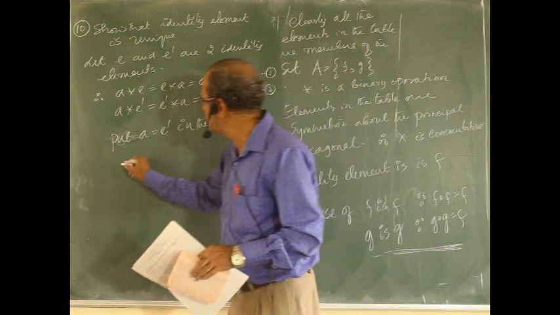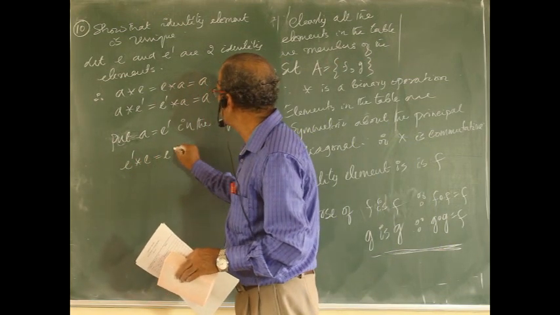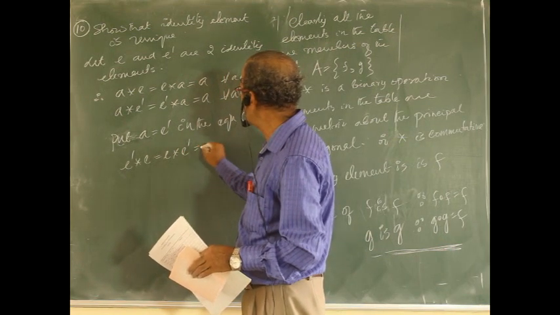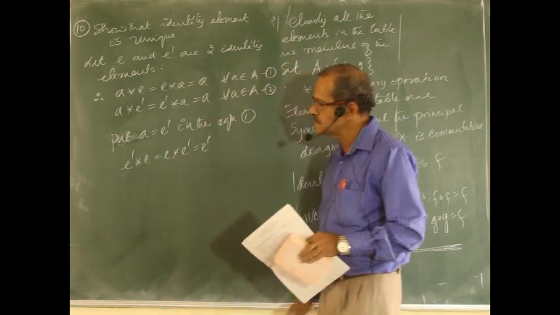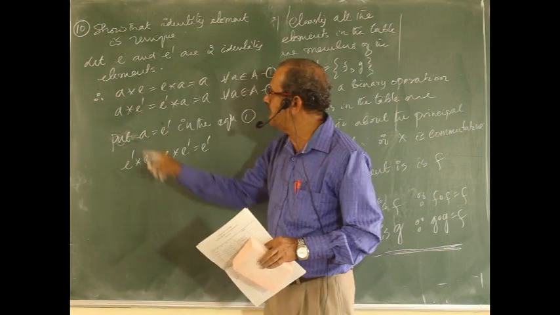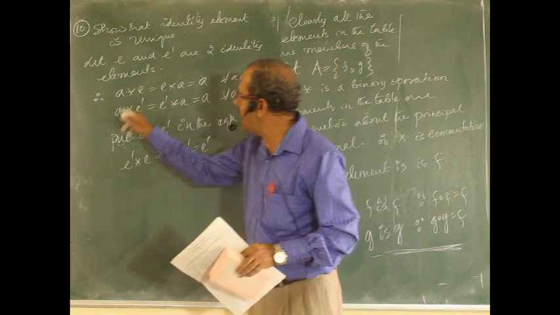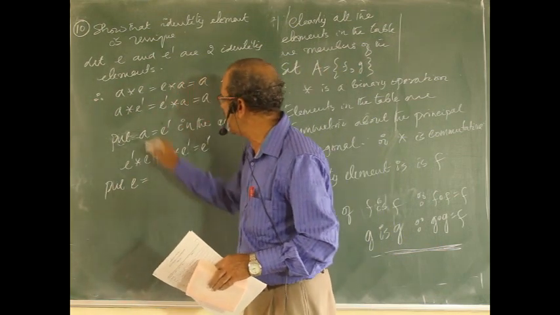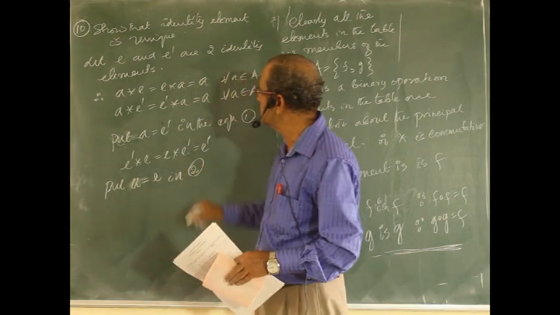So you get E dash star E equal to E dash star E dash equal to E dash. Considering E dash as the identity element, A is some other element, any other element. So in that place you take E. Put A equal to E in the second equation.